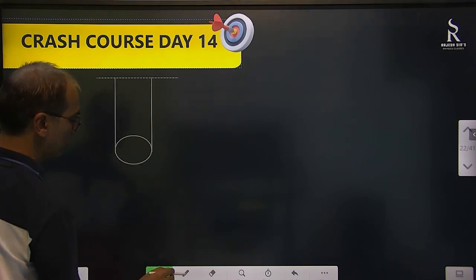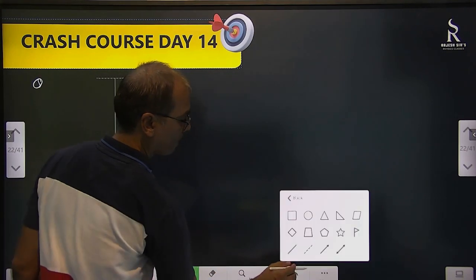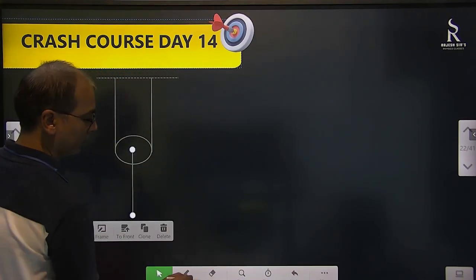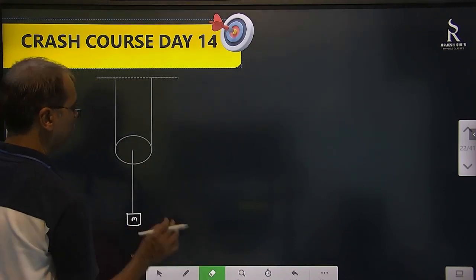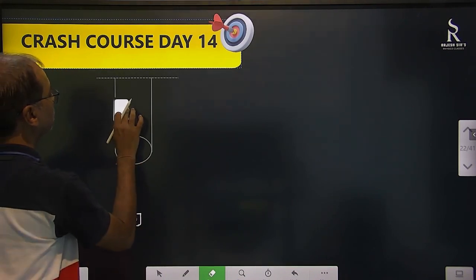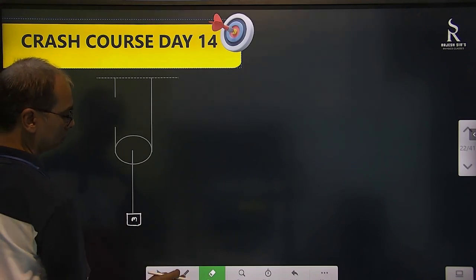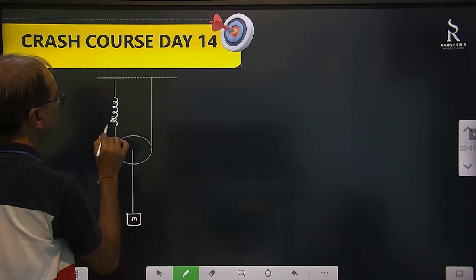Okay, and then with this one a mass is connected. It's here. And here I'll keep one spring. Like this.